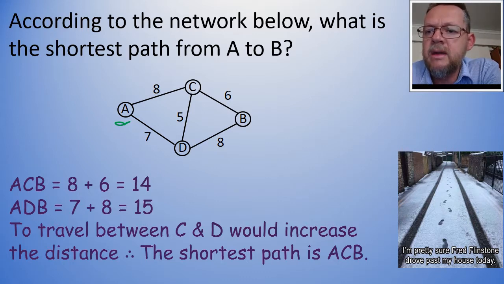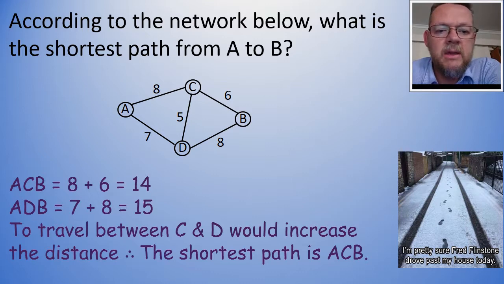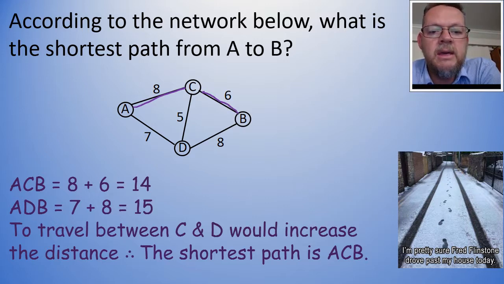And when you attack these in a test, I would suggest grab a highlighter. So I'm just going to use a coloured pen at the moment. But when you see these in the test, you're going to go, okay, I can go A to C and C to B. So we're saying A, C and B. Well, we just add those up, and that's going to be 14 that way.